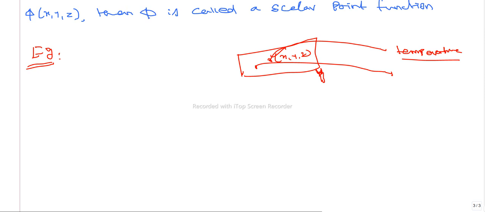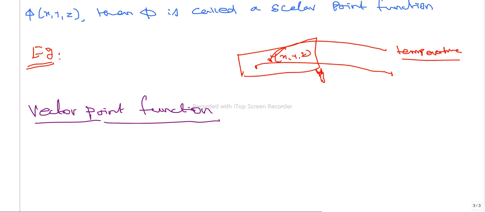Similarly, we define the vector point function: given any point in space, we assign some vector. Simply, if we take any point x, y, z, we assign some vector, and such a function is called a vector point function.